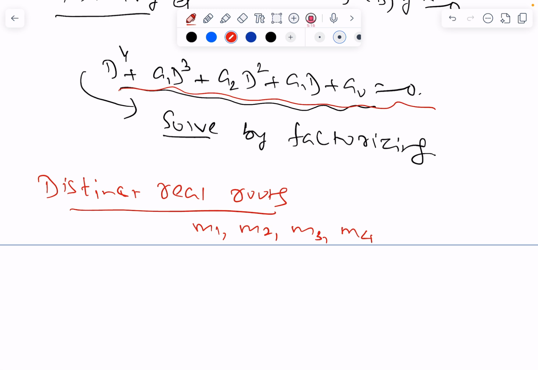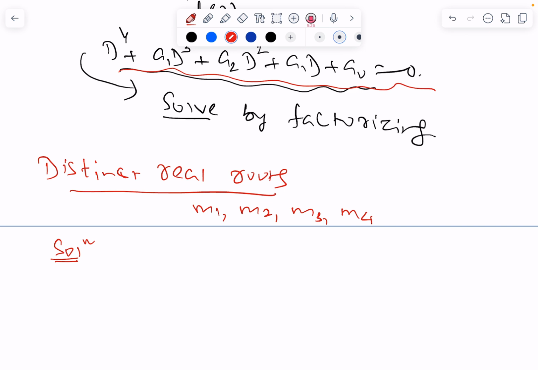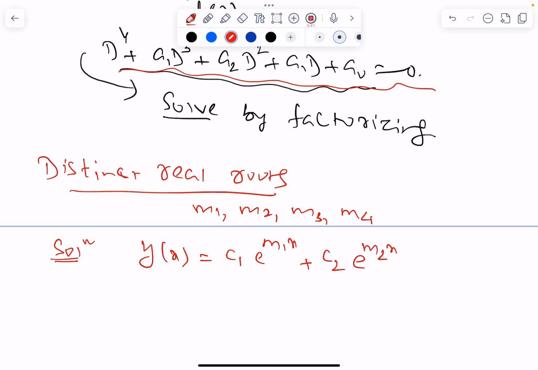This is a fourth order differential equation, so we get four distinct real roots. In that case, the solution is very easy. All these things come from theory, but we don't have the proof of this theory. The solution is y equal to c1 e to the power m1x plus c2 e power m2x plus c3 e power m3x plus c4 e power m4x.